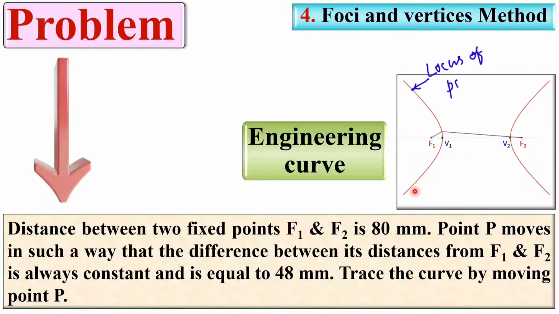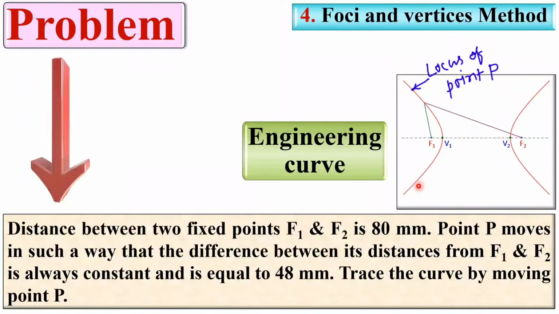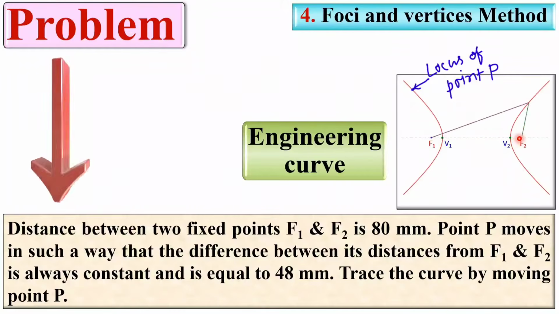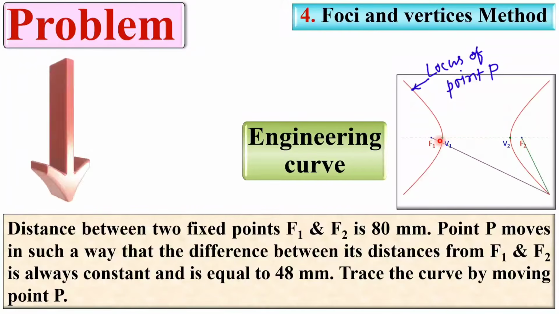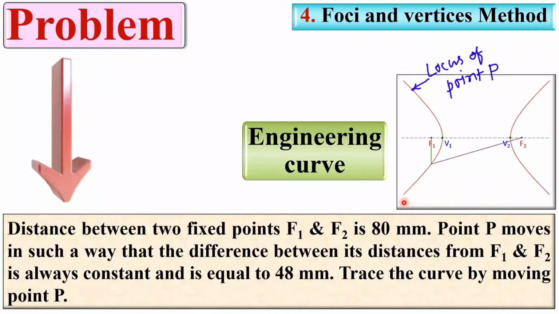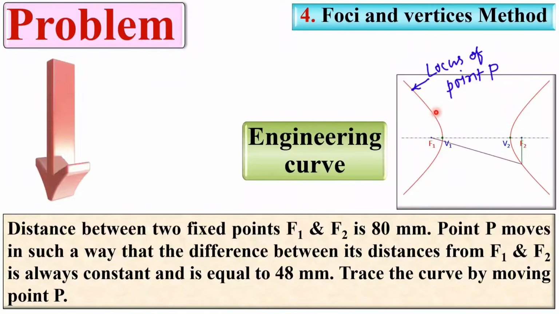This is actually the locus of the point P. Point P moves in such a way that the difference between its distances from F1 and F2 is always constant and is equal to 48 mm. Trace the curve by the moving point P. So this is actually the hyperbola, and we are going to see how we can draw this hyperbola.